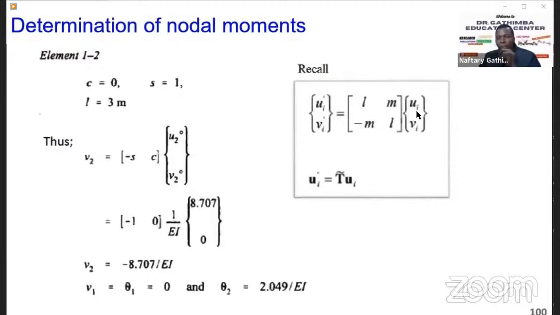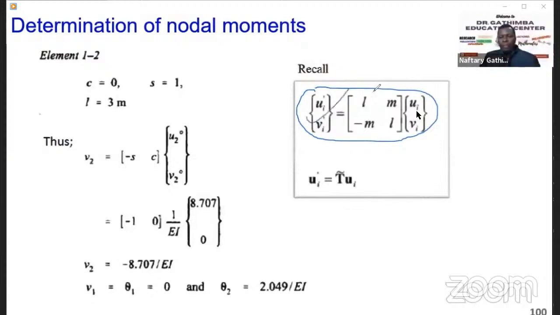Now recall from our lesson on trusses, when we were talking of the transformation matrix for a single node, node I, we started by transforming that single node. It was for a bar element oriented at an angle, where I was drawing and using similar triangles and geometry.